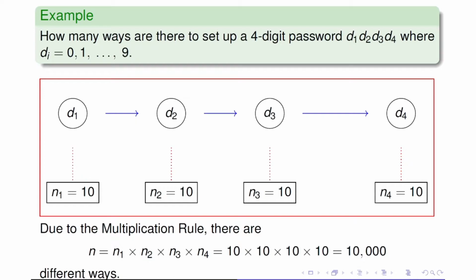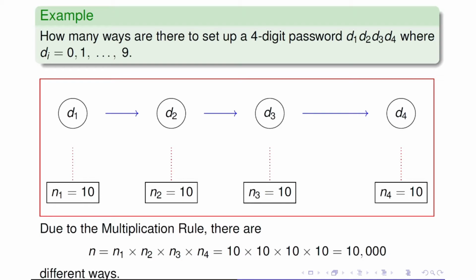Due to the multiplication rule, there are n equals n1 times n2 times n3 times n4, which equals 10 times 10 times 10 times 10, which is 10,000. So there are 10,000 different ways to set up a 4-digit password.